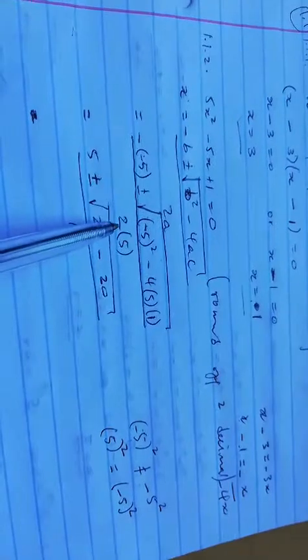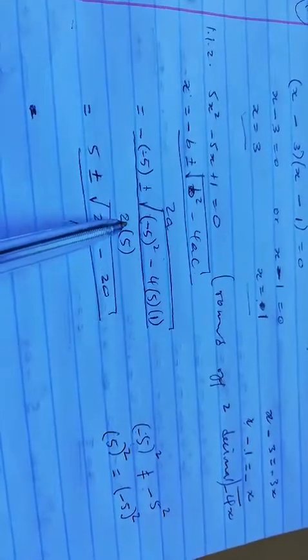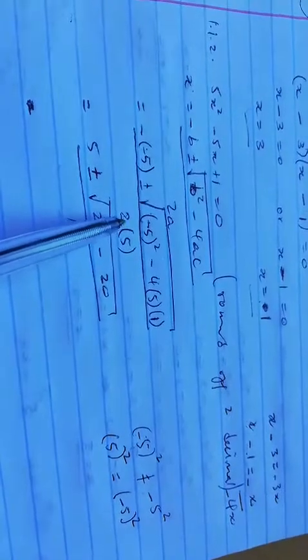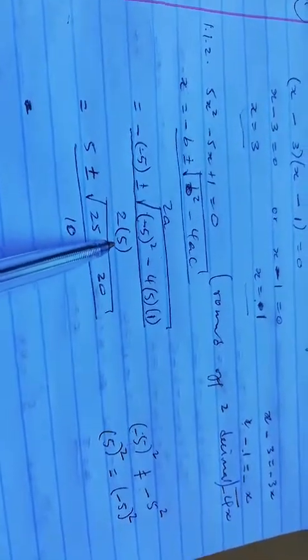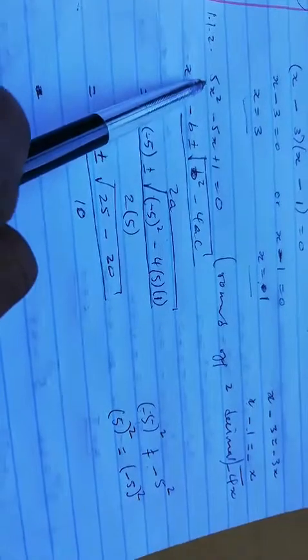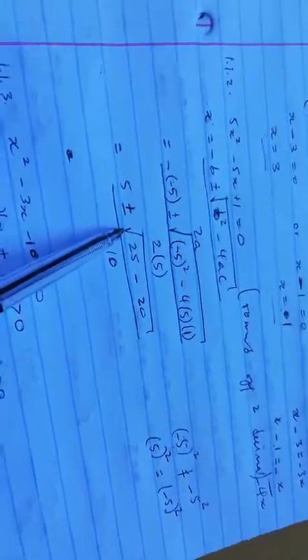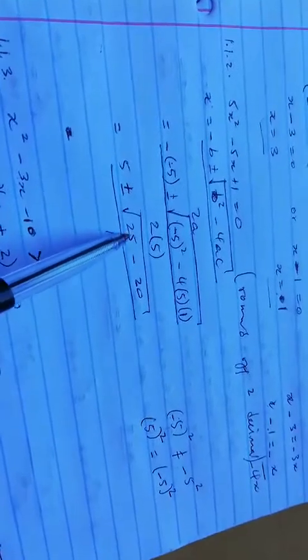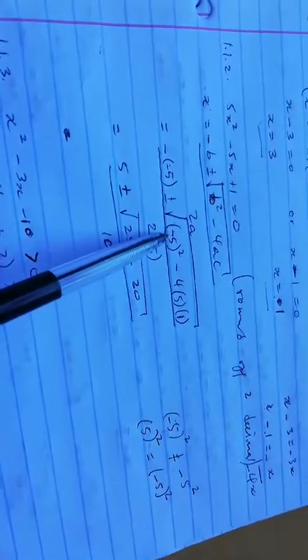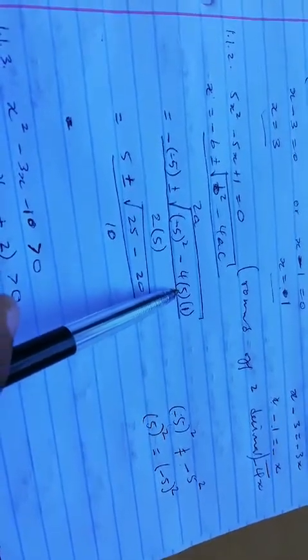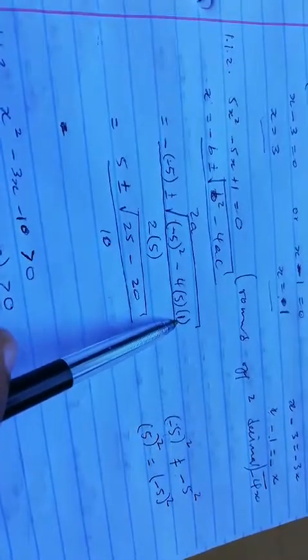In the denominator we have 2 that comes with the formula, so you have to remember that as well. 2 multiplied by 5, 5 is our A. Then I simplified. Squaring negative 5 gives me 25, and 4 times 5 times 1 is 20, and then you're going to get 5.